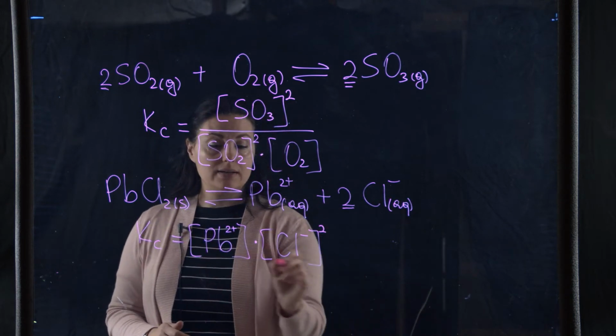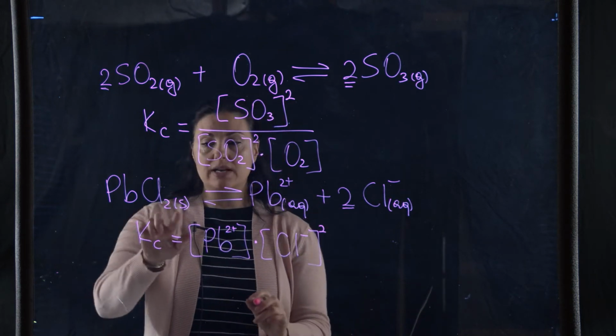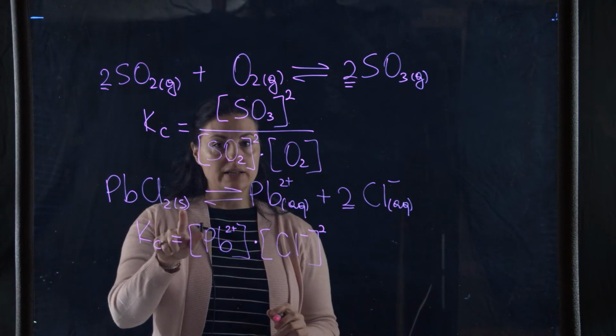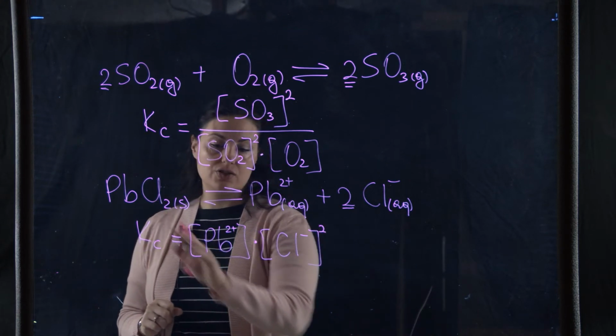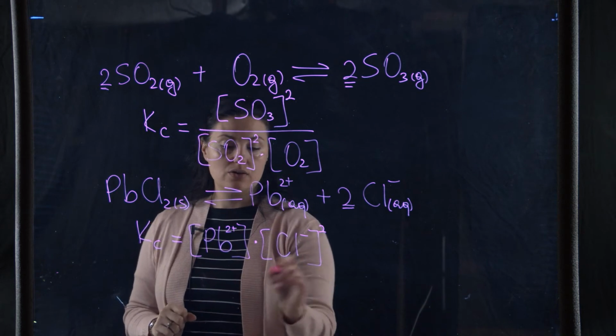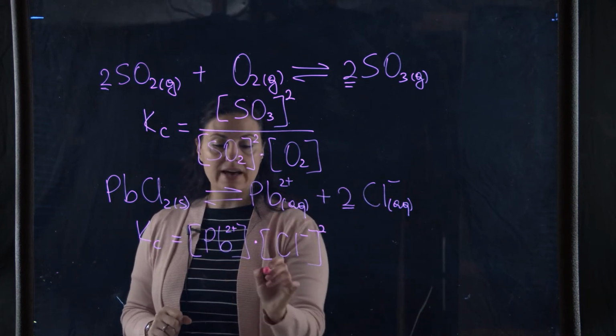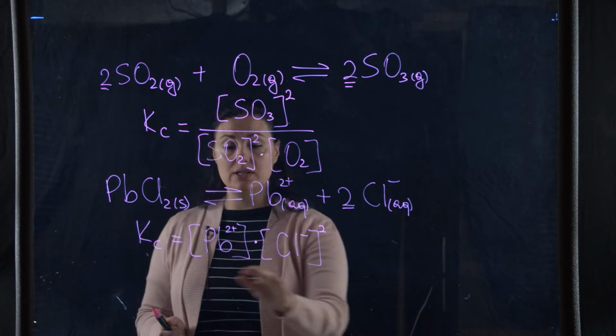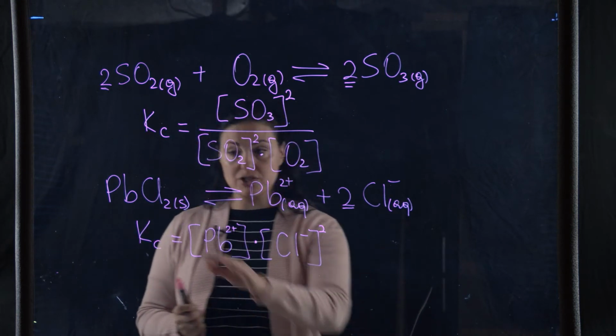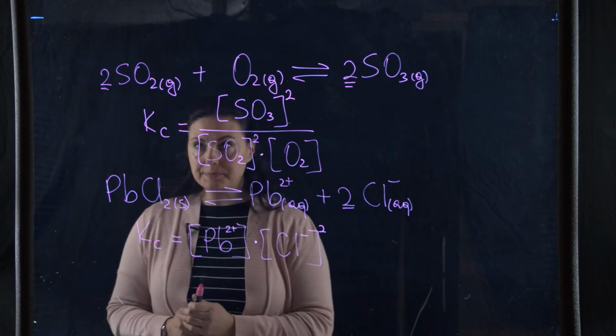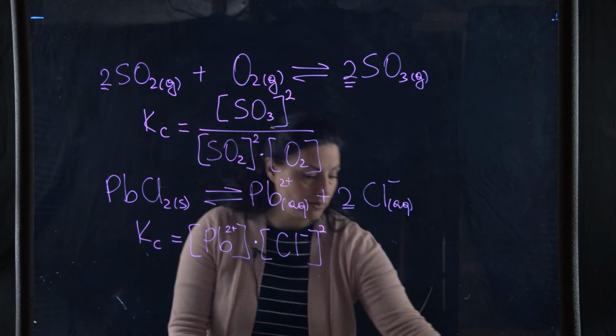Now, I do not need to put anything down here because PbCl2 is a solid, which means that its concentration is going to be 1. So I have my product here divided by 1. I don't need to write it. So this is the equilibrium constant expression for this reaction here. Let me erase this and then we'll go on.